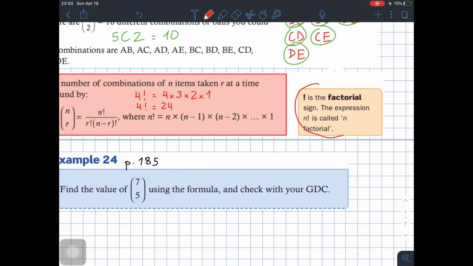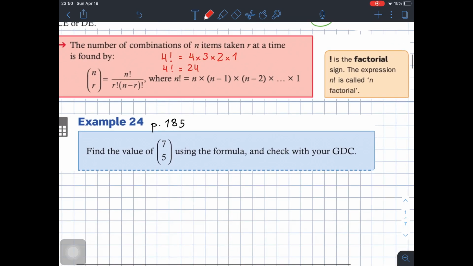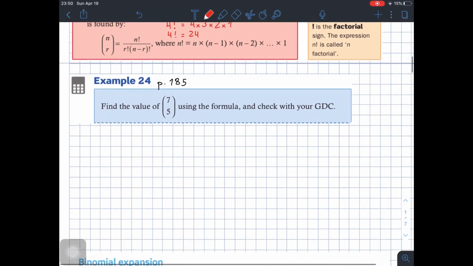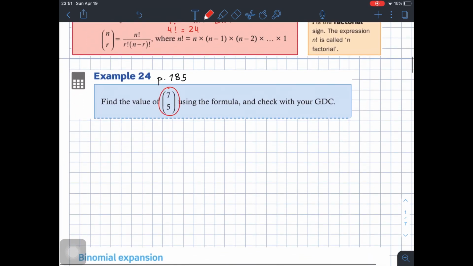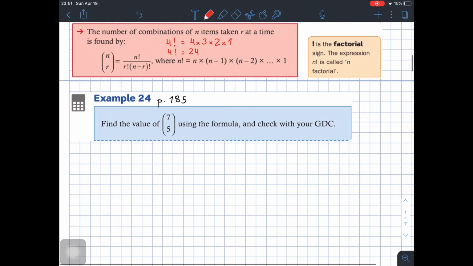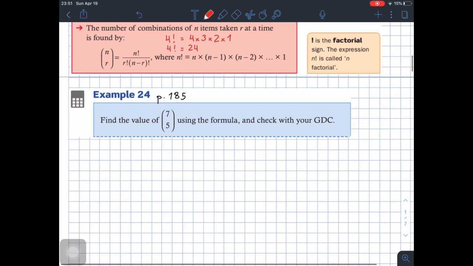So here it says, the exclamation mark is the factorial sign. The expression n! is called n factorial. Okay, so let's see an example here. It says, find the value of 7C5 using the formula and check with your GDC. Okay, so first of all, we're going to try finding this using the formula.